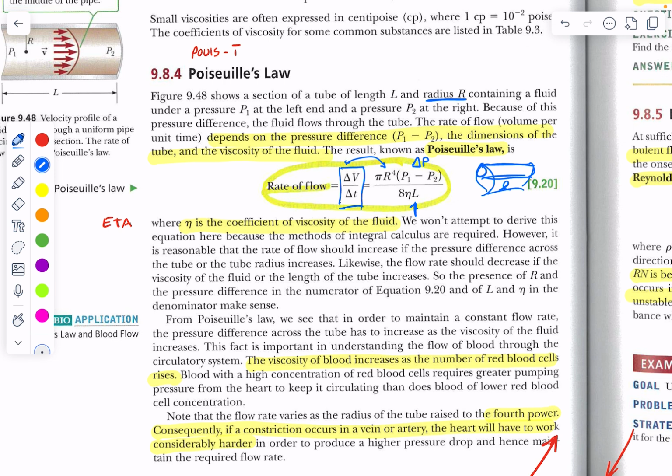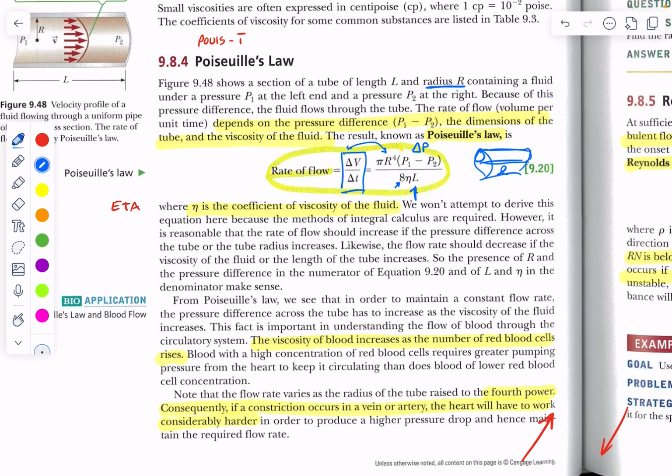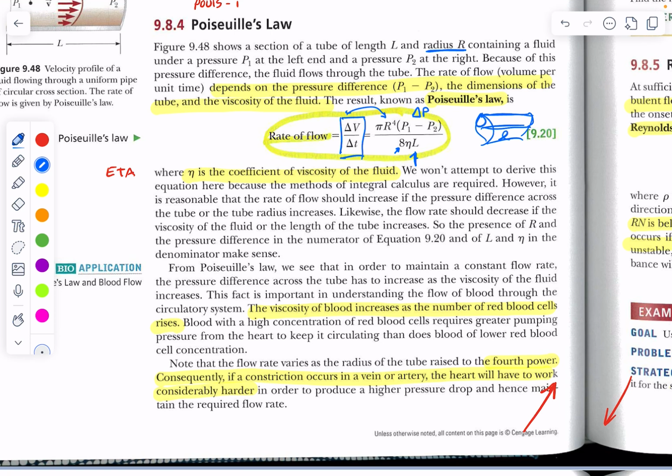So you can kind of intuitively derive this equation, though you would not necessarily come up with the number 8, which would come from the calculus. This symbol right here, by the way, is eta, the Greek letter eta.